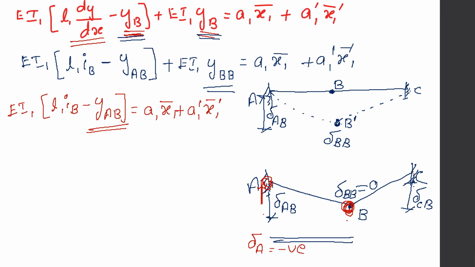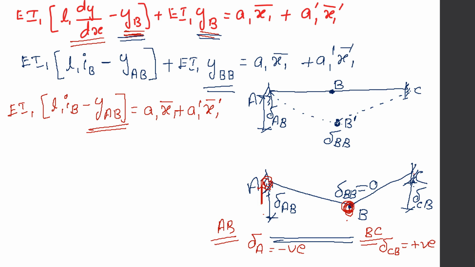And when you are considering the span BC, here we are considering the span AB. Now, when we are considering the span BC, your delta CB or delta C will be positive because C is at a higher level of B.